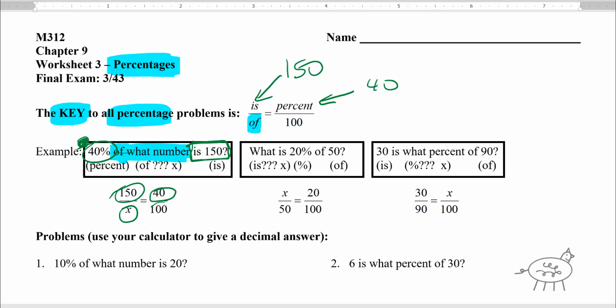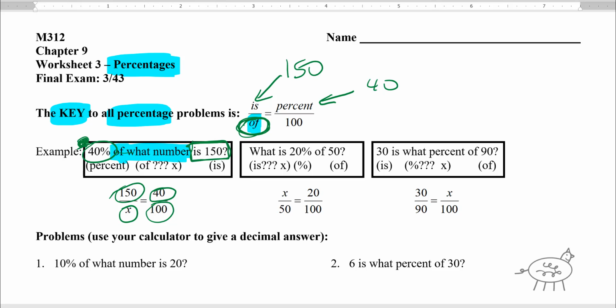And this is always 100. So again, the 40 goes in the percent. Of what number is the question, so that goes in the bottom left. And is 150 goes where the is. That's the setup for this.